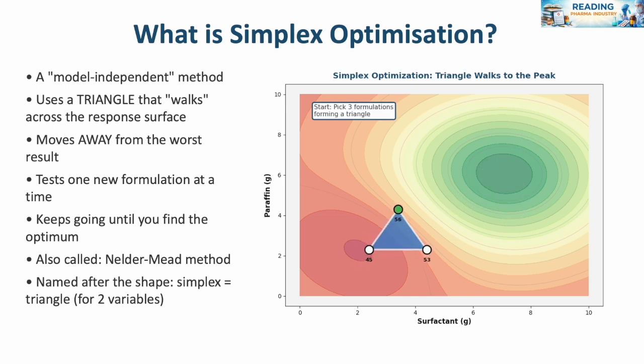So you keep drawing this, you measure the values, and you optimize further and further. It has, of course, a different name. If you ever come across it, it's the Nelder-Mead method. The name basically refers to the triangle when we have two variables.